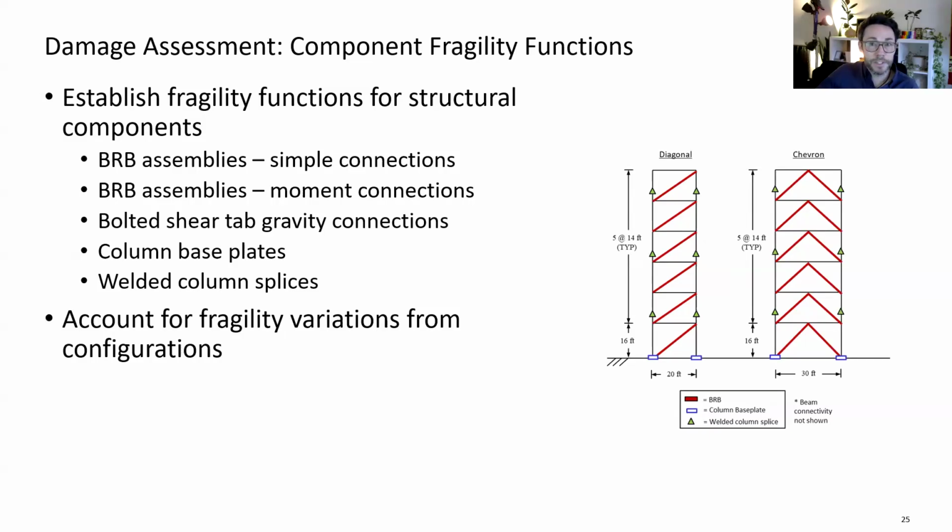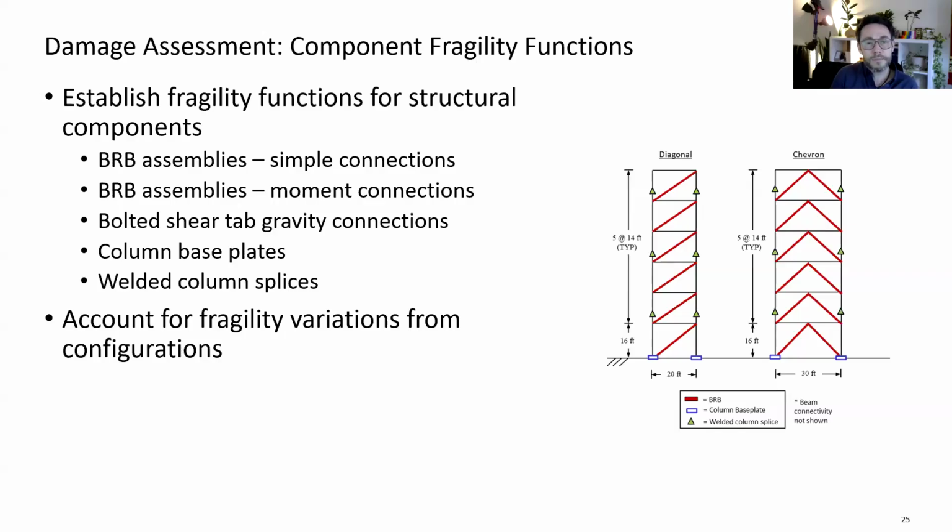So to perform that damage assessment procedure, we need to build what we call a building performance model, which in this case uses only structural components. We only look at structural components when we're adopting this qualification procedure. And for the buckling restraint brace frames, these components include BRB assemblies, assuming that you have simple connections, BRB assemblies, assuming you have moment connections, bolted shear tab gravity connections, part of the gravity system, column base plates, and welded column splices.